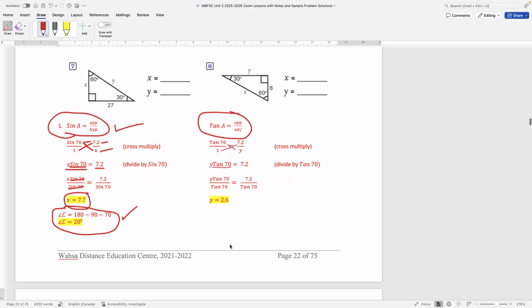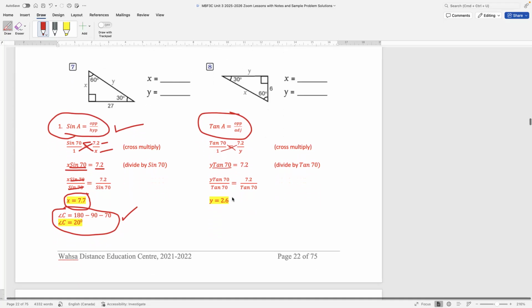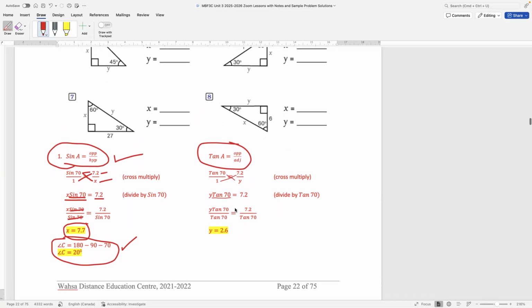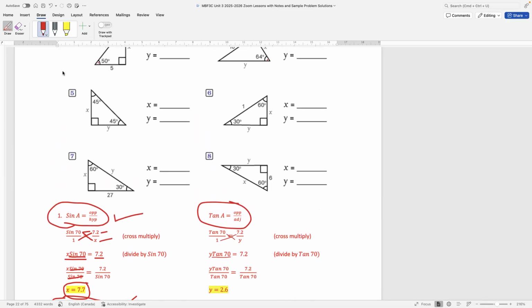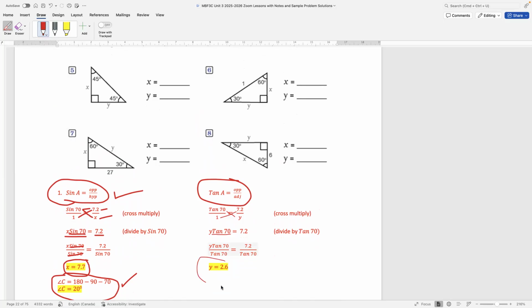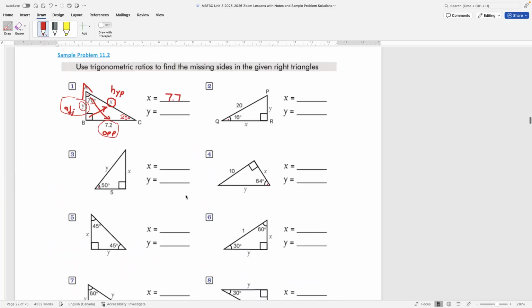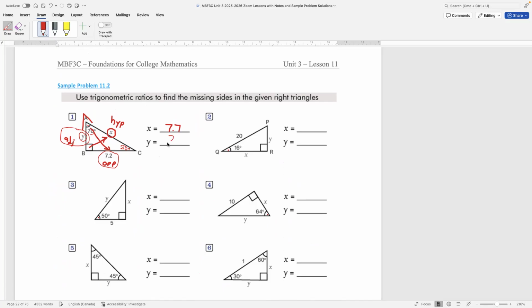So round that to the nearest tenth or one decimal place, you'll get 2.6. So up here, that is 2.6. So now we know that this side is 2.6.